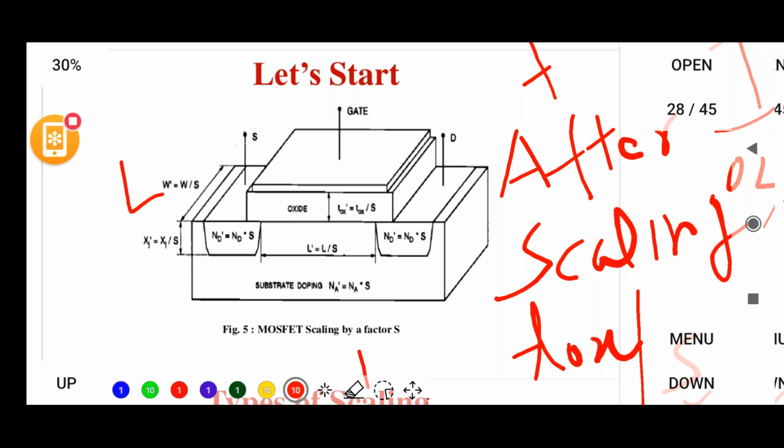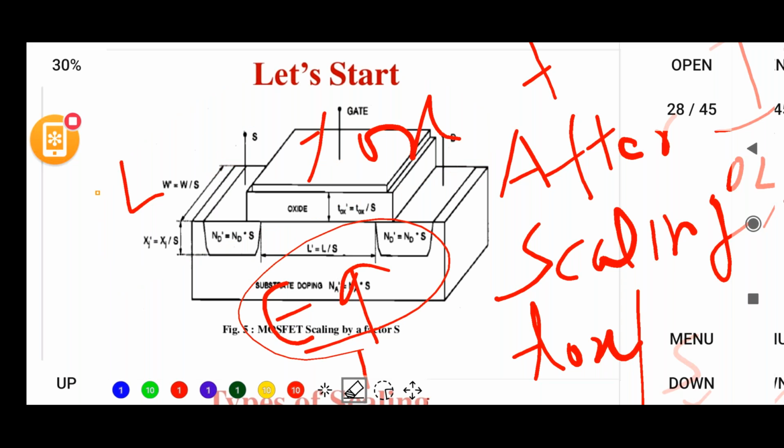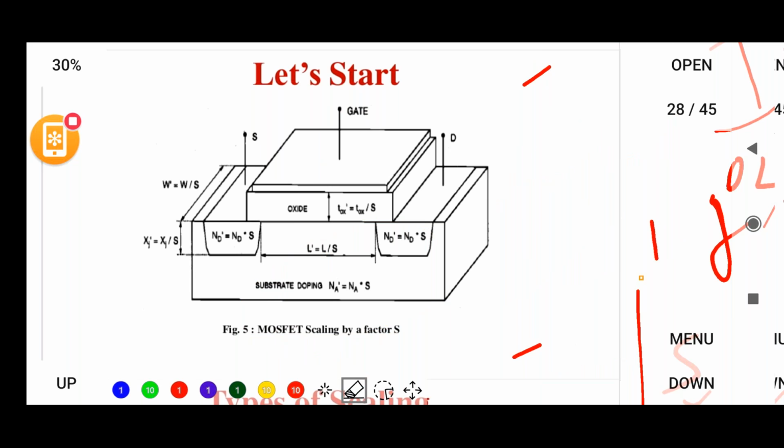Suppose that your L is increased, W is increased, your TOX oxide thickness is also increased, of course your electric field is increased. There is some technique I will tell you after some time on how to control this electric field, because there is a problem in the electron flow. I will discuss all these things later when we go into more analysis.